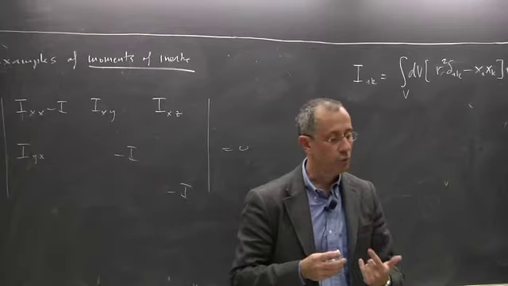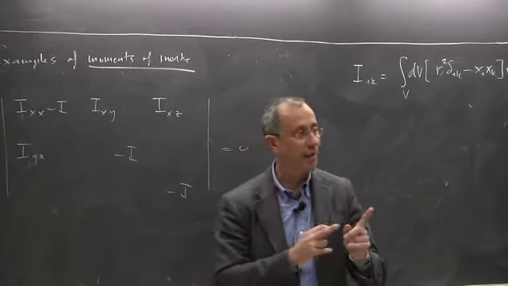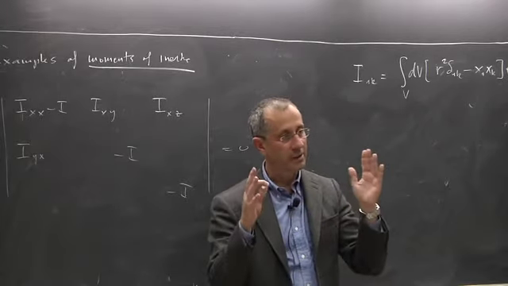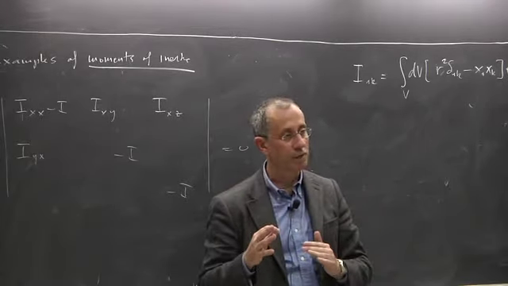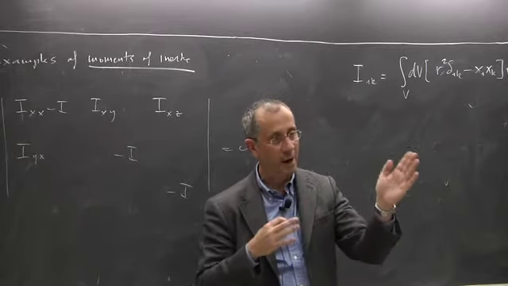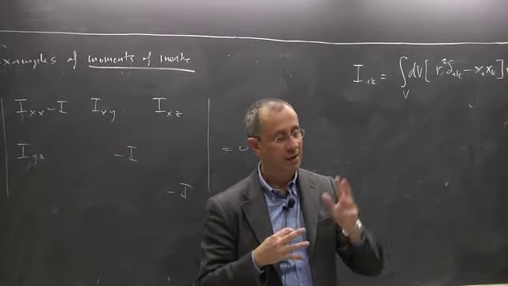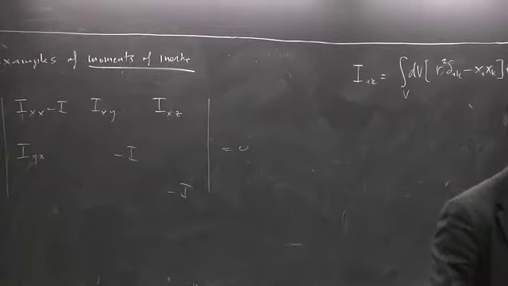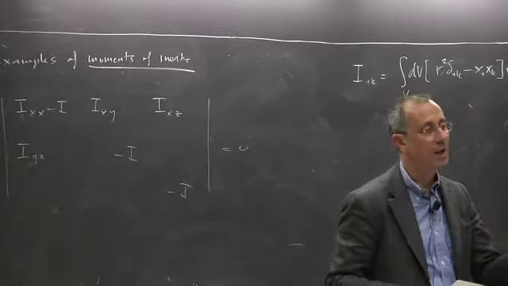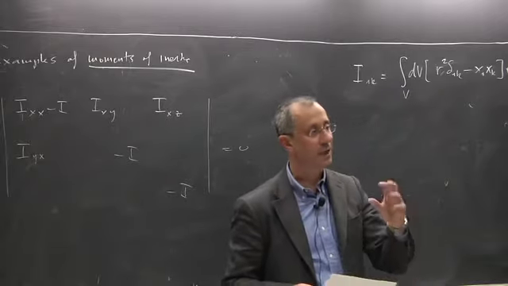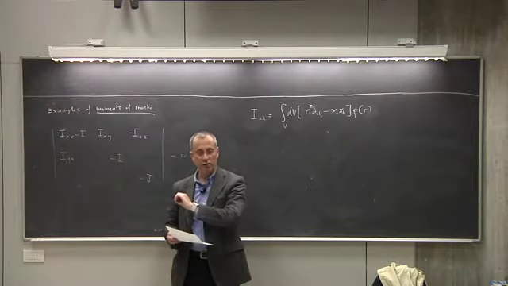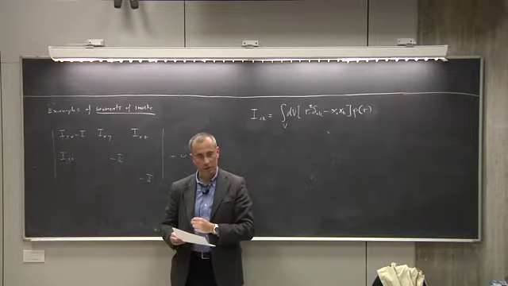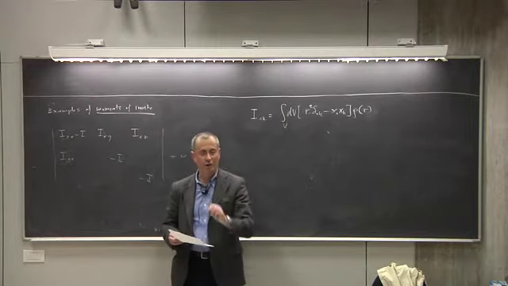So what makes this special is that you are finding in your body three axes for which, when you compute the coefficients, they are all zero except those along those axes. And this procedure assures you that you can always find these three axes, which is a choice of axes that makes the tensor the simplest, with only three non-vanishing components. So it's a clever choice of axes.